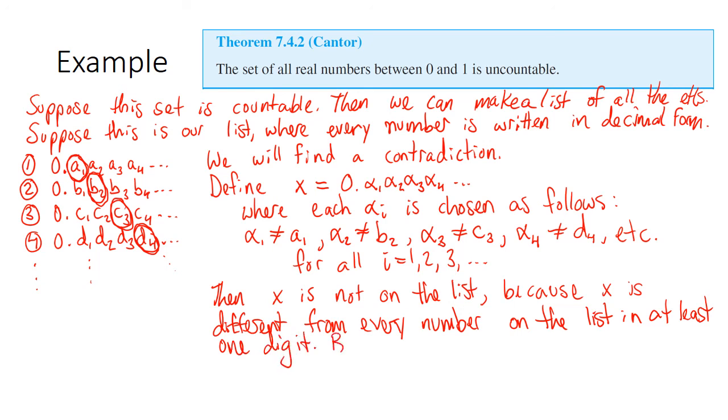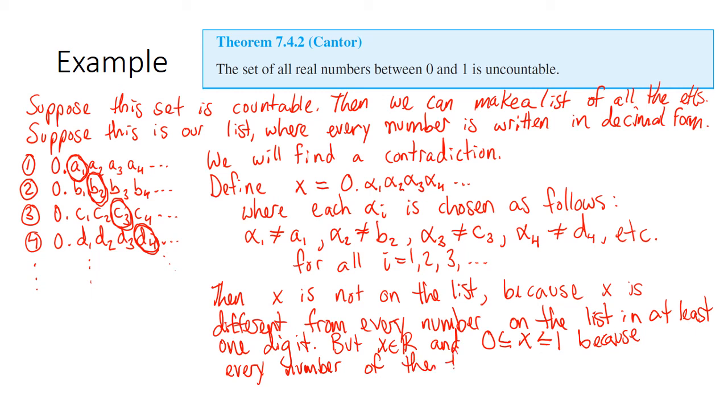But x does have to be a real number, and x does have to be between 0 and 1, because every number of the form 0.alpha 1, alpha 2, alpha 3, etc., for alpha I in the set 0, 1, 2, up to 8, 9 must be a real number.